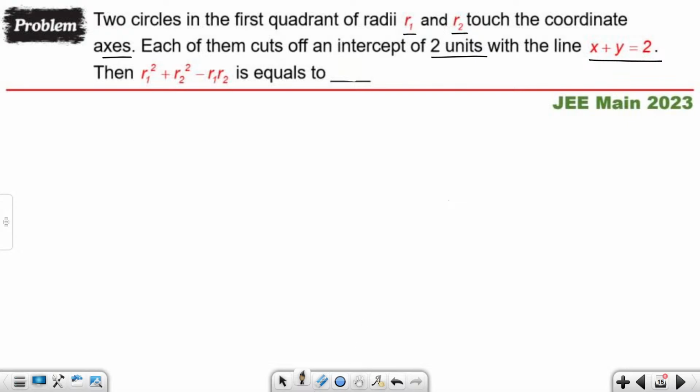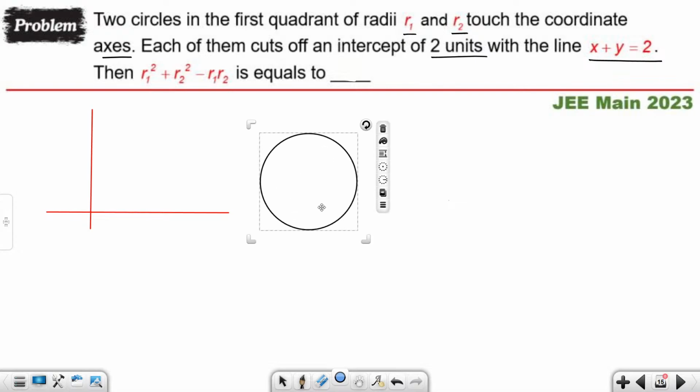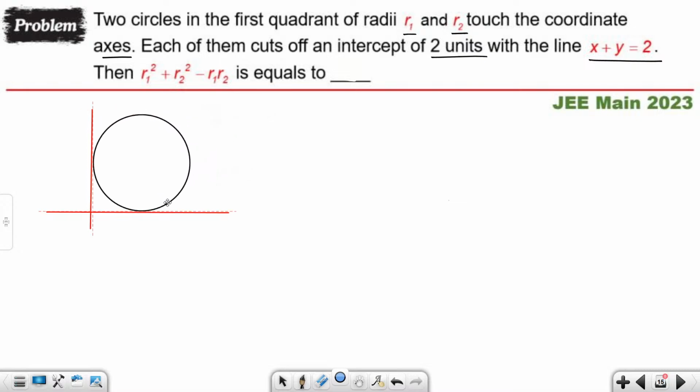So let me take the circle which is touching both the coordinate axes like this.